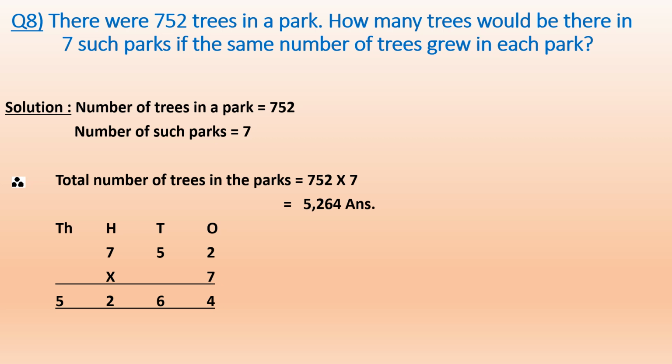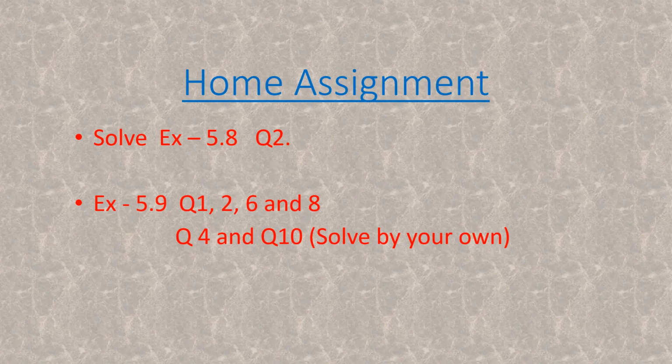So children, practice four problems and note them down in your note copy also. Now it's time for your home assignment, children. Your home assignment is, you will solve exercise 5.8 question number 2, that is multiply by 100, 200, 300 and so on. Now exercise 5.9, that is word problems.